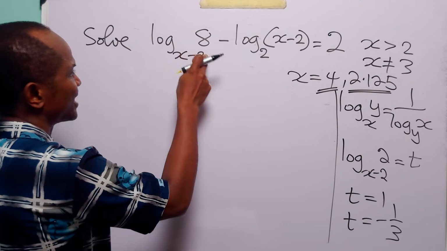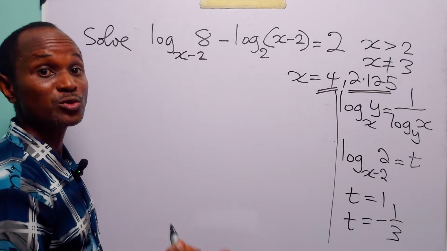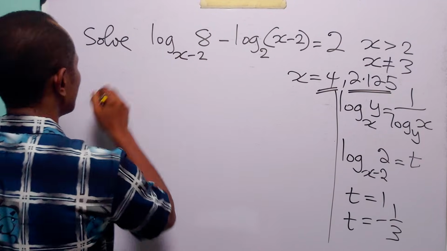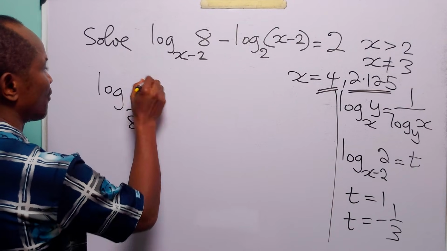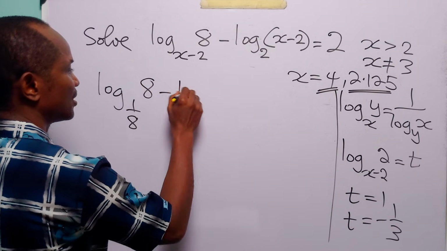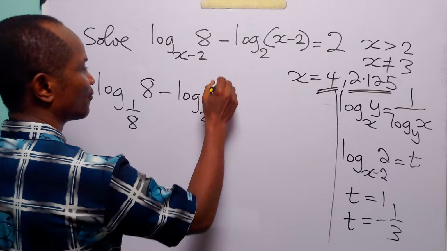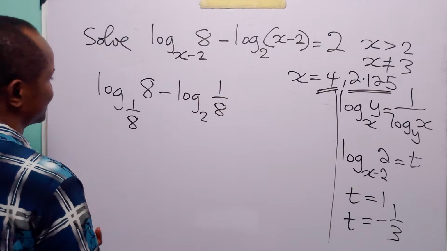Now, 17 over 8 minus 2, of course, is equal to 1 over 8. So here we have log to base 1 over 8 of 8 minus log to base 2 of 1 over 8.